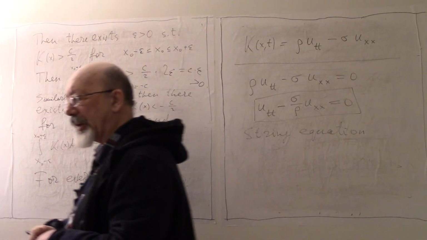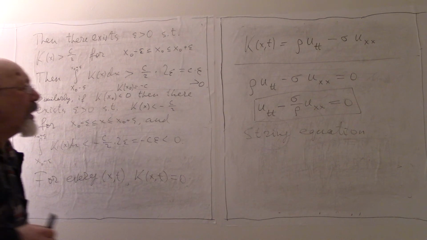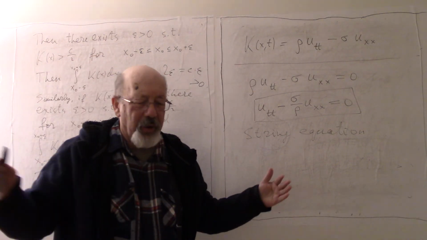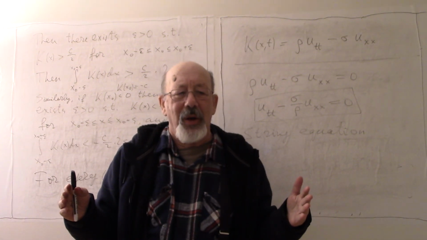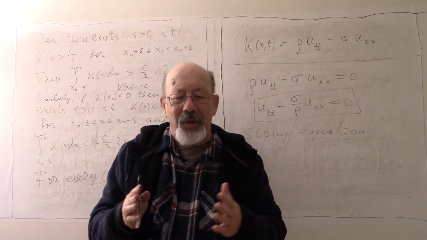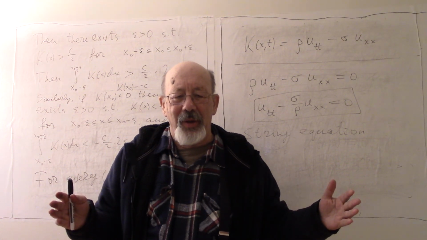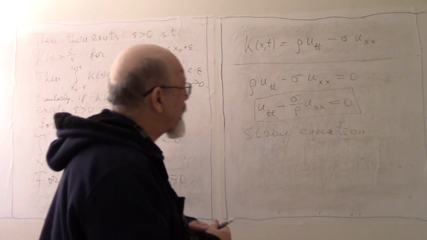This is the string equation which describes the motion of a string. It works for an infinite string and for a finite string as well, because all our reasoning was within the segment where this function u of x,t is defined.